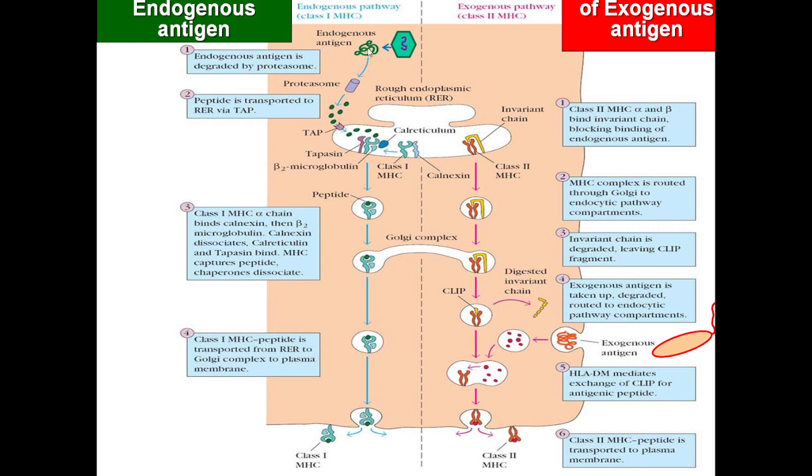This virus protein, together with damaged or changed proteins of the cell's own, undergoes destruction by the proteasome. The proteasome destroys the antigenic peptide into short fragments of 10 or 20 amino acids.